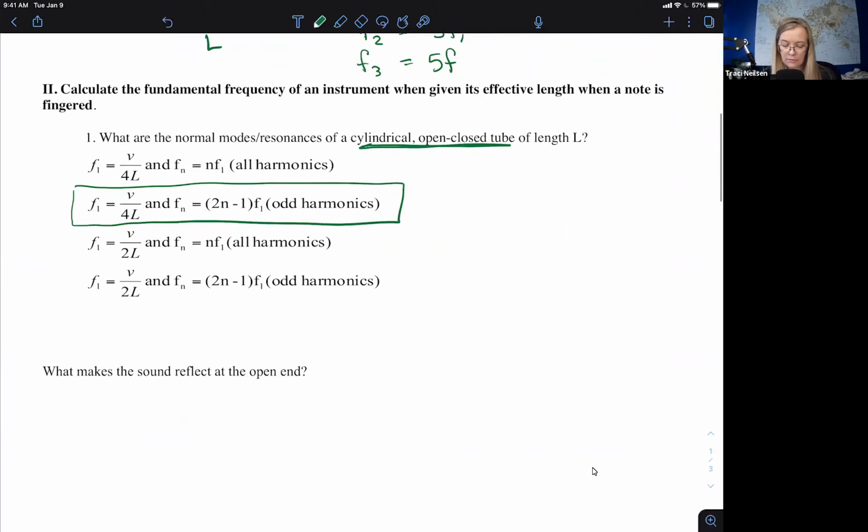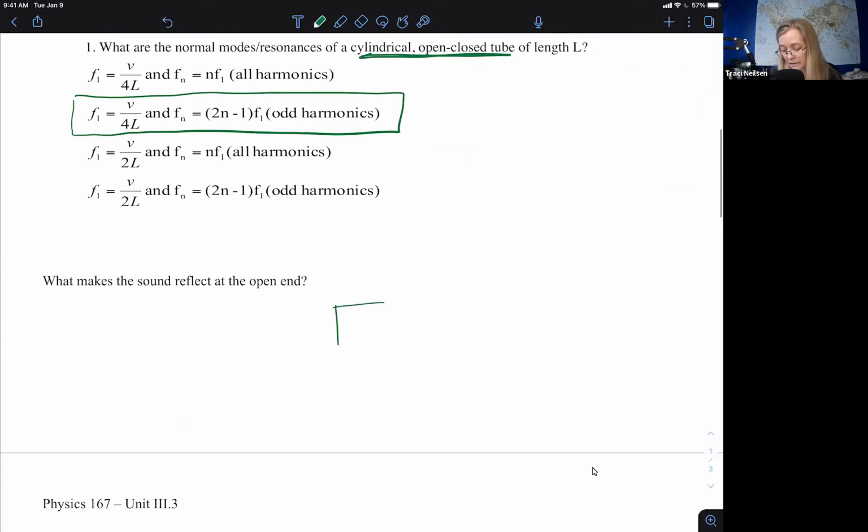What makes the sound reflect at the open end? Okay, so if you imagine a puff of air traveling down that tube, it is constrained to within the tube, and then all of a sudden it's not at this open end. And that causes some of the air to escape, okay?